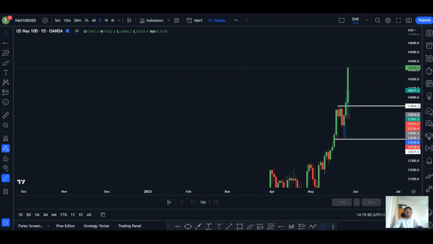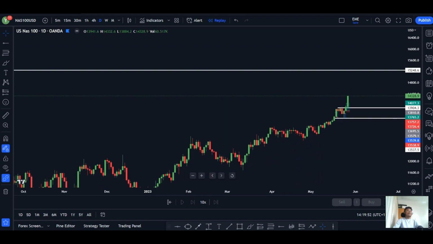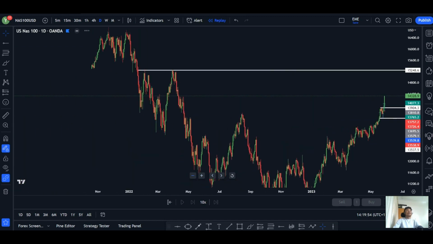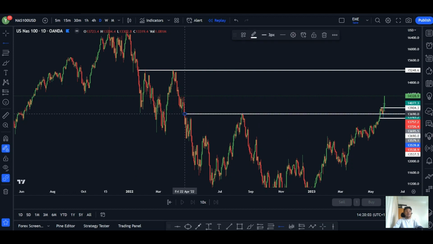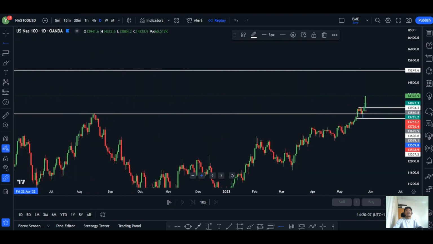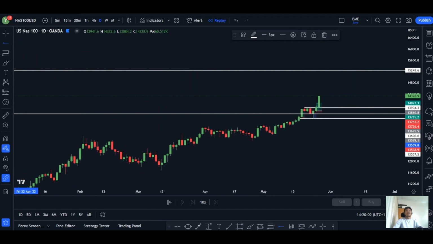Now on the daily chart here, NAS100 USD was approaching a level which was more like an all-time high. For some time now, it has been trading below this level, and this candle, let me zoom in a bit so that we'll have this much clearer.